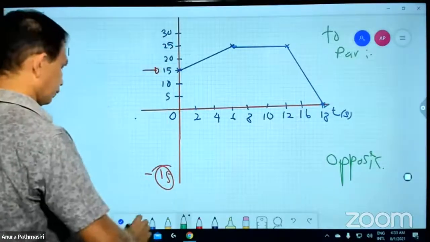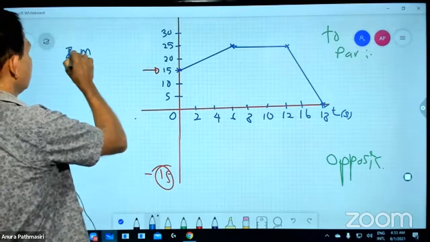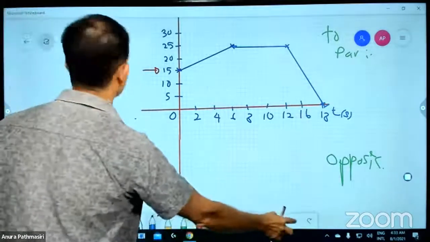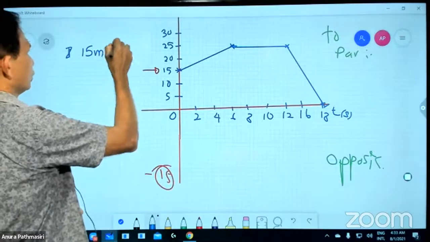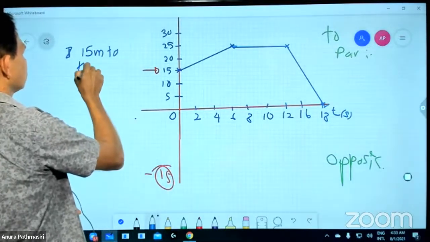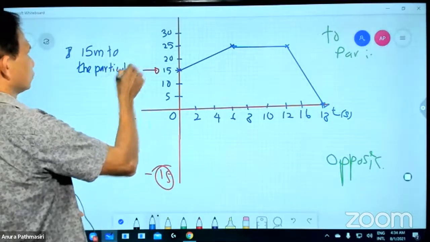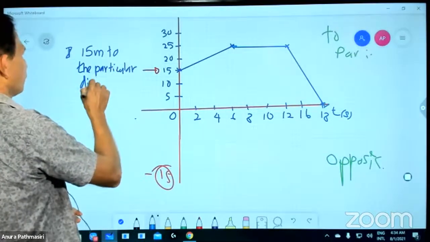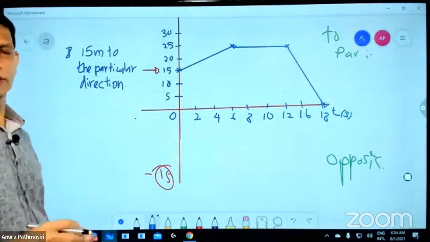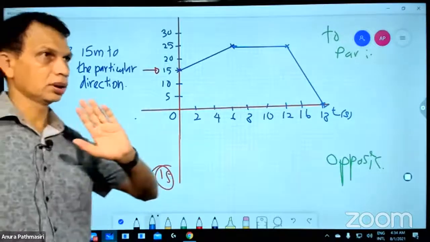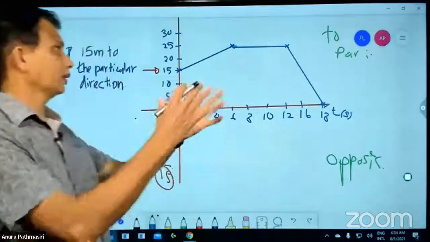The answer for the first question is 15 meters in the particular direction.